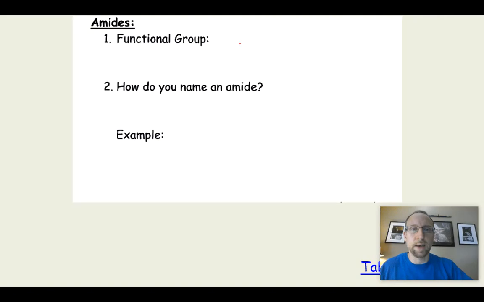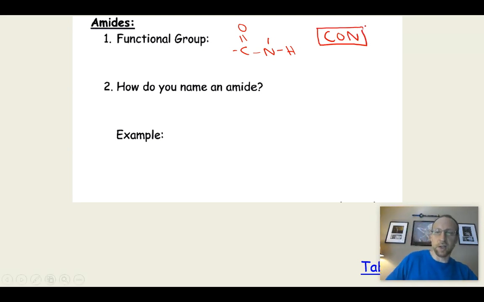So here's our C double O, and then we have N. And this is how they draw it on your reference tables. So that's just kind of how I'm drawing it here. And in our condensed structural, that would show up as a CON, which spells con. So you got your COOH, your CON, your CHO, your COC. So be able to recognize these sequences and use them to identify the type of organic compound.